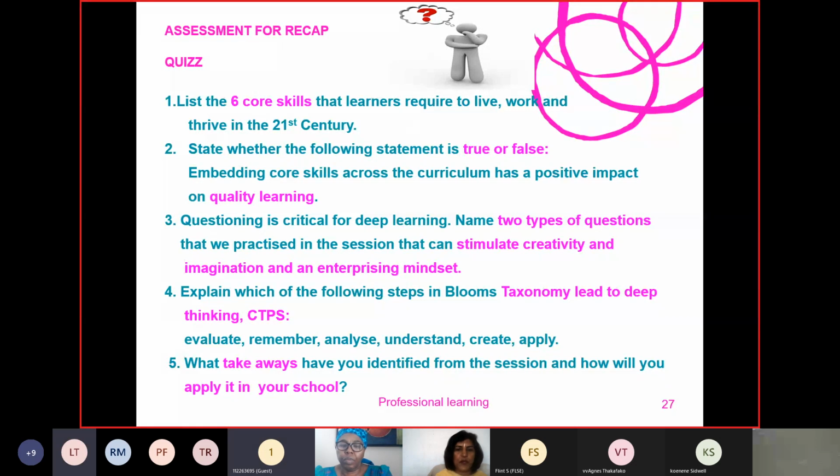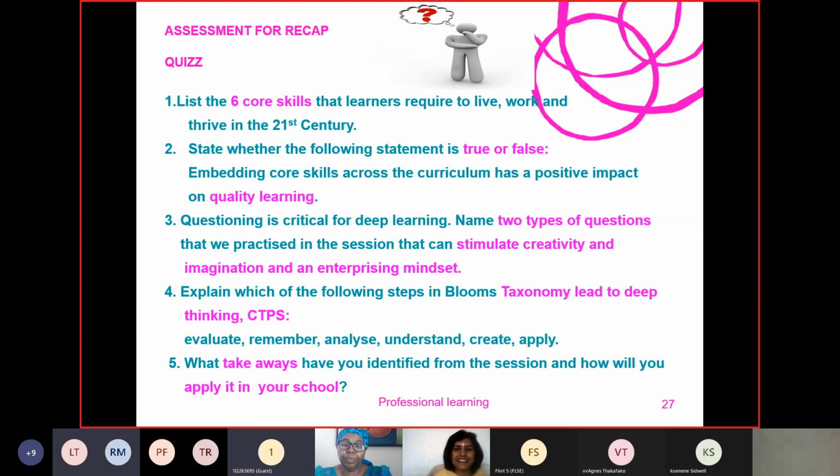What are the 2 types of questions that we practiced for creativity? Remember, I showed you the pictures. What were the 2 kinds of questions? Why do you think? Yes, why questions, and what was the other kind of question? It was 2 types, why and?